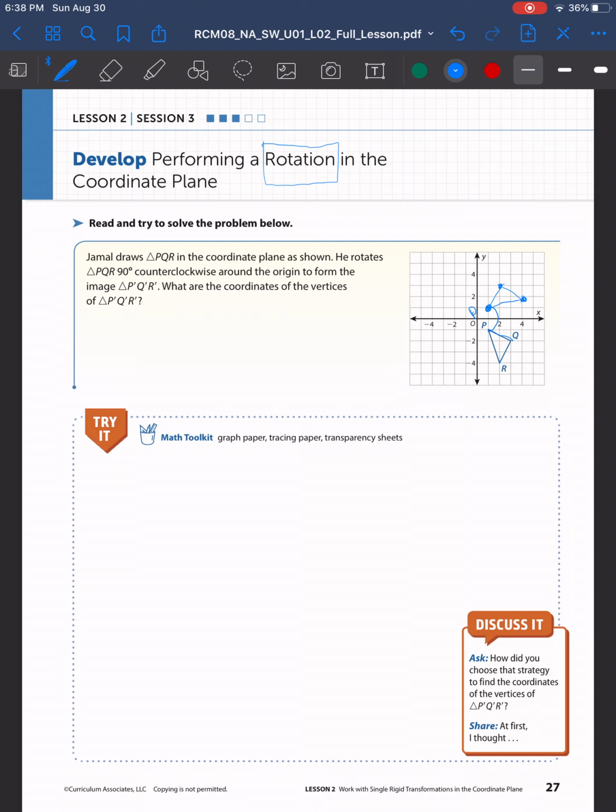But this would be P, this would be Q, this would be R, okay? So everything just kind of rotated 90 degrees. So P prime would equal 1, 1. Q prime would equal 2, 3. And R prime would equal 4, 2.